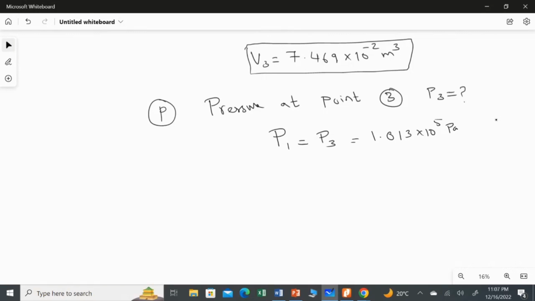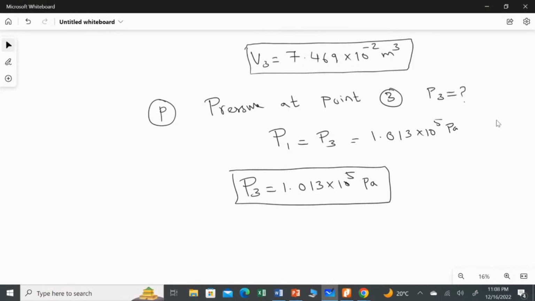So I take the answer directly, because for these types of questions you have to see the figure. Clear? So the answer for P3 here is 1.013 multiplied by 10 power 5 Pascal. So this is the answer for the last part.